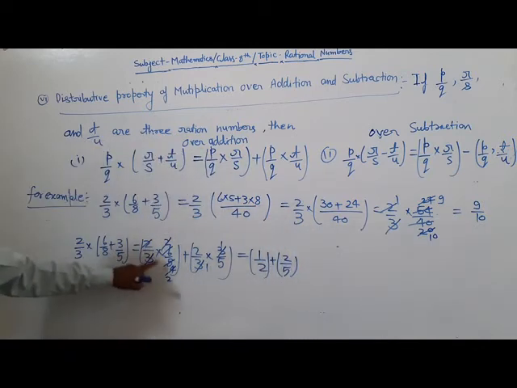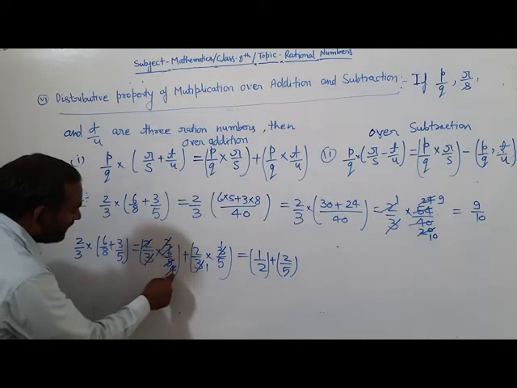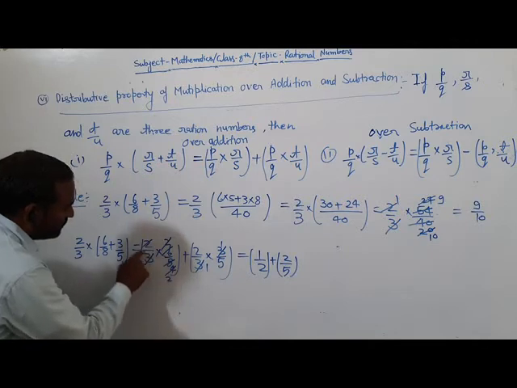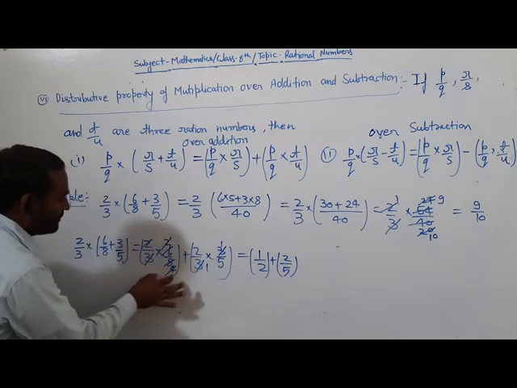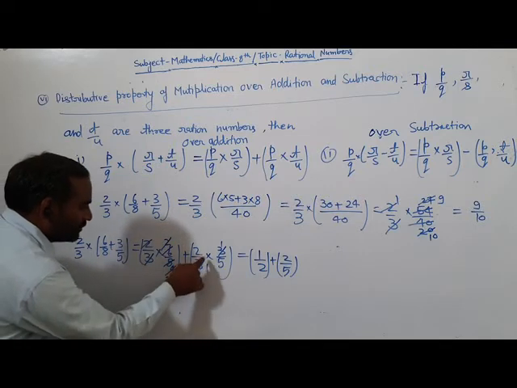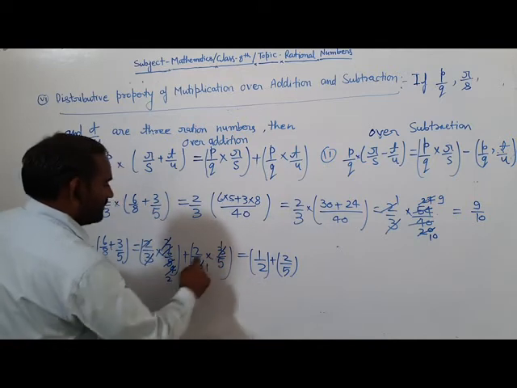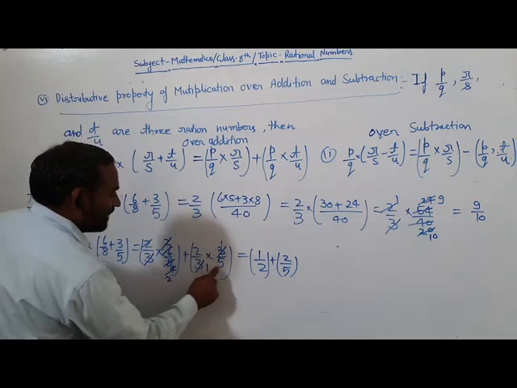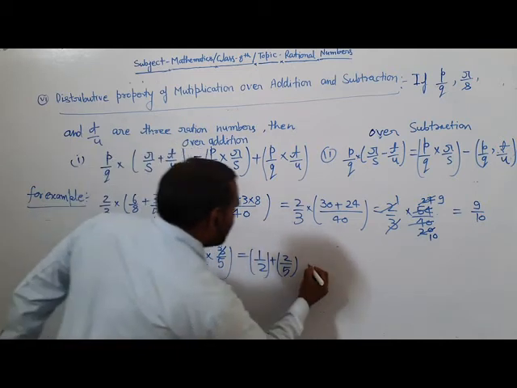Here 2 4 is 8, 3 2 is 6. Now we have to divide. 2 4 is 8, this was 4, 2 2 is 4. So we get 1 by 2. In this 3 1 is 3. So 2 1 is 2, 5 1 is 5. Now take the LCM of 2 and 5, it will be 10.